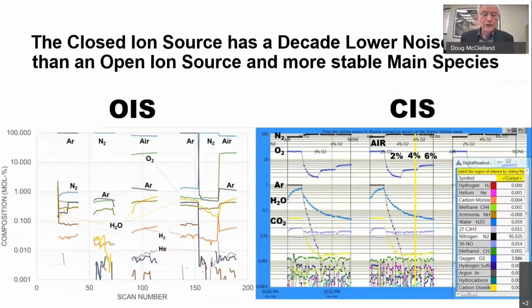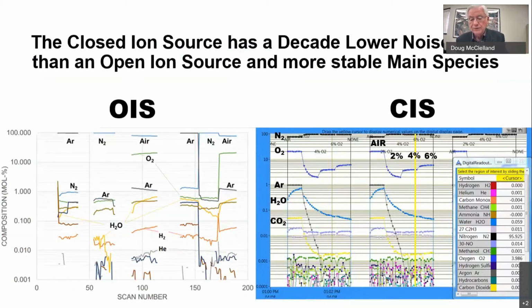To do a direct comparison, on the left is the OIS. It's the same plot as the previous data. And then you look at the CIS data that Doug had shown you earlier, and you see that the air is flat, the oxygen level and the signals are flat.